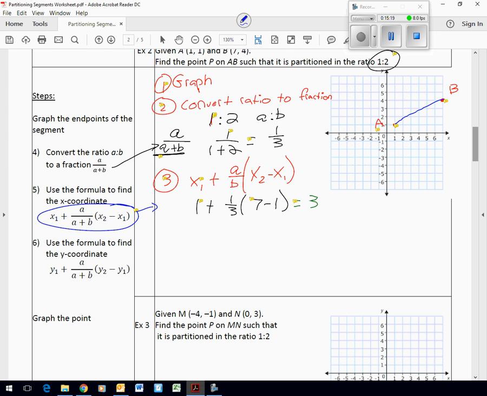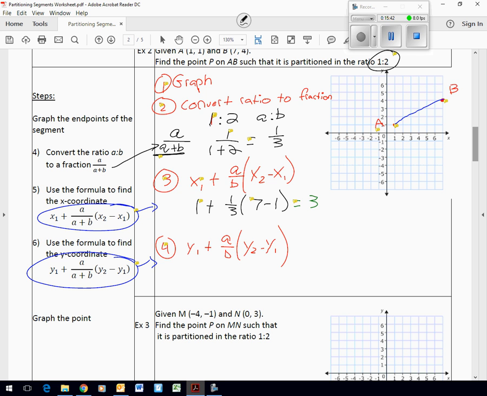Now I'm going to do the same thing with the y's. Y1 plus A over B, Y2 minus Y1. What's the first y coordinate? 2.